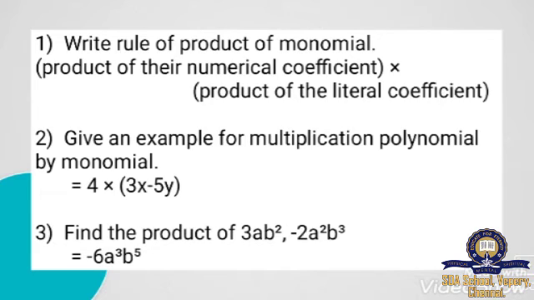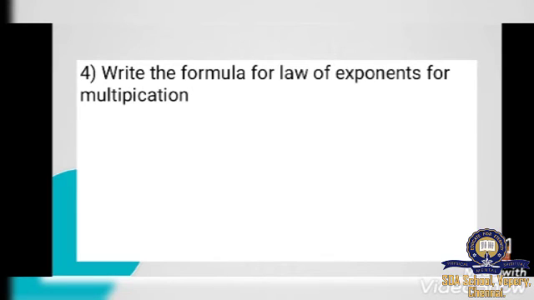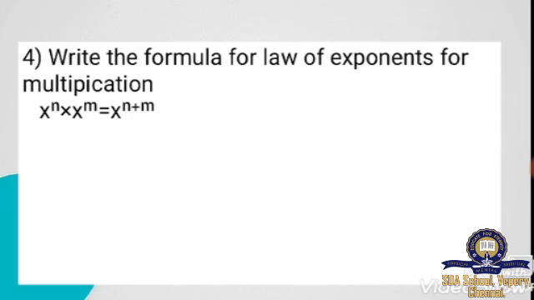So the answer is minus 6a raised to the power 3 and b raised to the power 5. Now can anyone answer this question? Write the formula for the law of exponents for multiplication. Very good. So it is x raised to the power n into x raised to the power m is equal to x raised to the power n plus m.